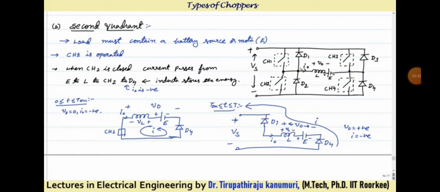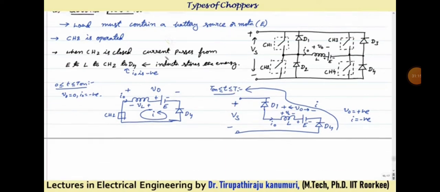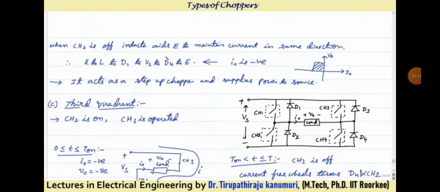As this is positive, diode D1 will be forward biased. As this side is negative, diode D4 is forward biased. So it will start conducting like this: diode D4, E, L, D1 and supply. That means now the energy stored in the inductor is supplied back to your source during this duration. This is just similar to the type B chopper we have already seen. So it will operate in the second quadrant only.